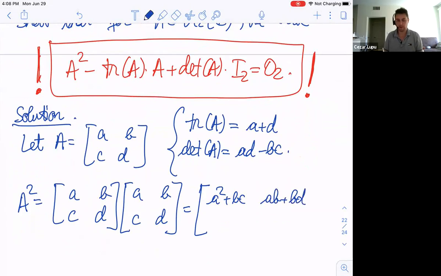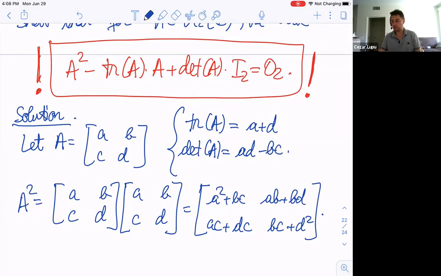As you can see, if I factor, I have the trace there. That's very interesting. ac plus dc. Again, if I factor c here, you'll see that it's c times a plus d. Again, the trace appears there as well. And the last one is bc plus d squared. Okay, so that's the A squared.